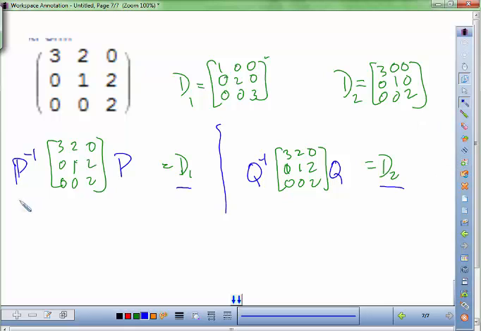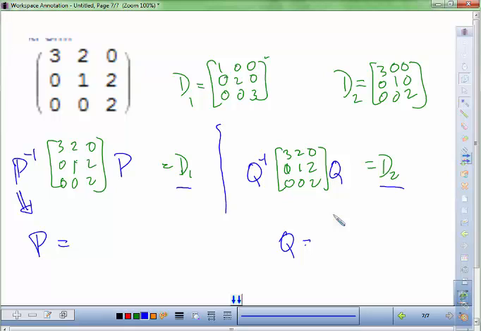So now the question comes in, what is P and what is Q? We should be able to come up with these matrices.